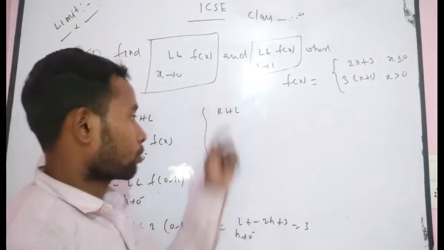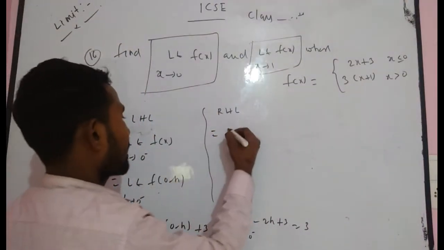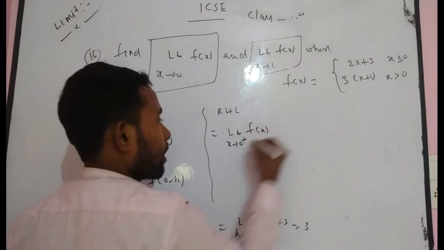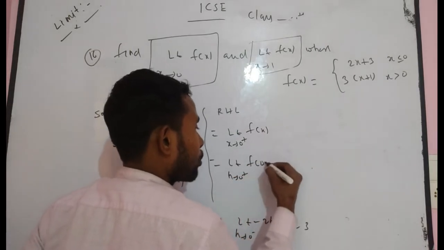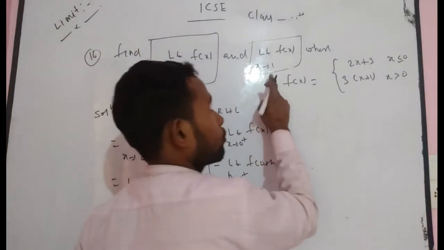And you have to write RHL of f(x) at x is equal to 0. RHL is equal to limit x tends to 0 from right hand side f(x), which will be x tends to 0 from right hand side f(0 plus x). Now it is slightly greater than 0. In that case, you have to choose this function.